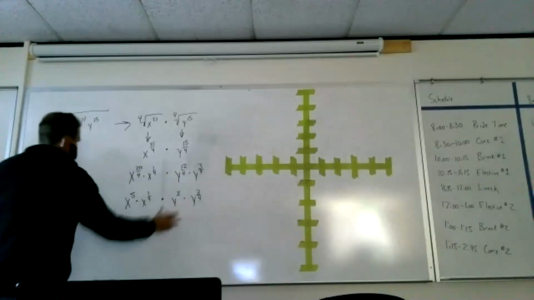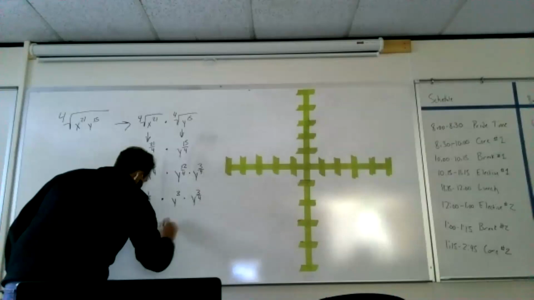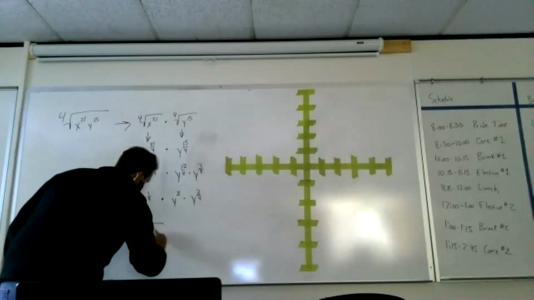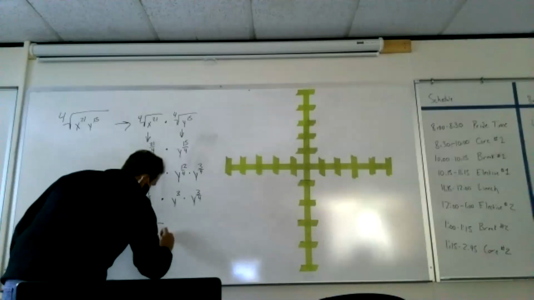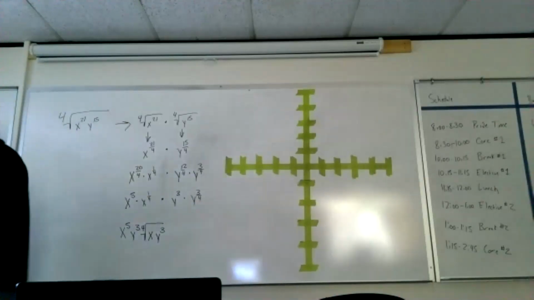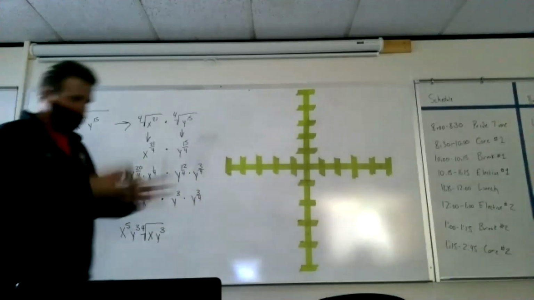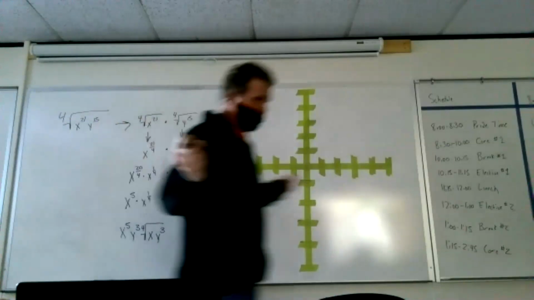And then I'm going to reverse my rational exponents and my product of radicals and put them back together to get my answer. So it's using the properties to expand them, using the properties to condense them.